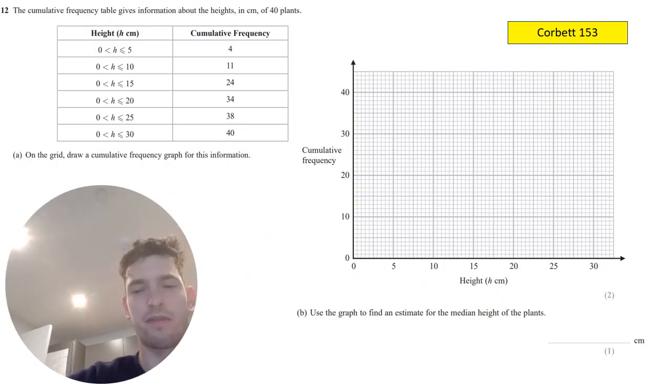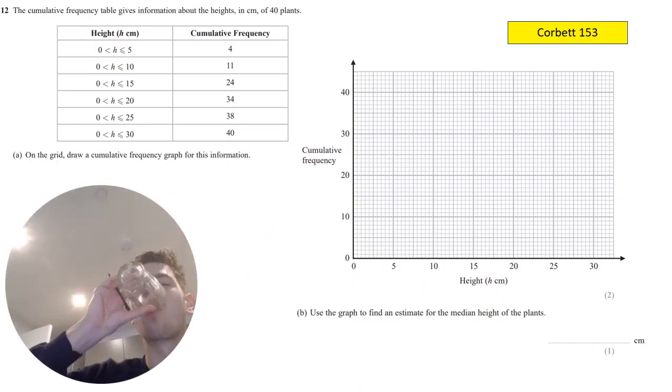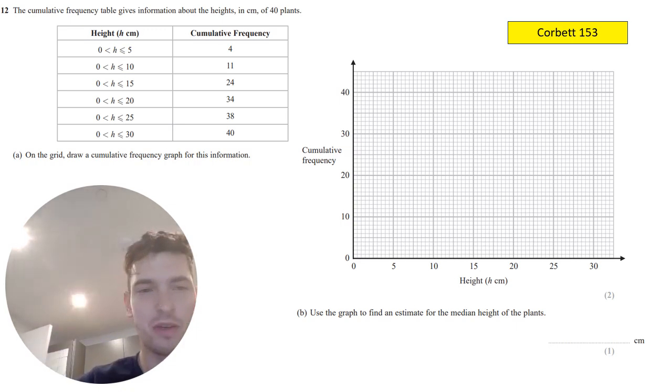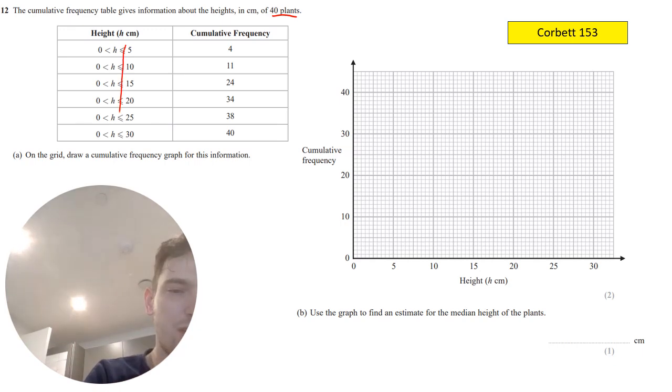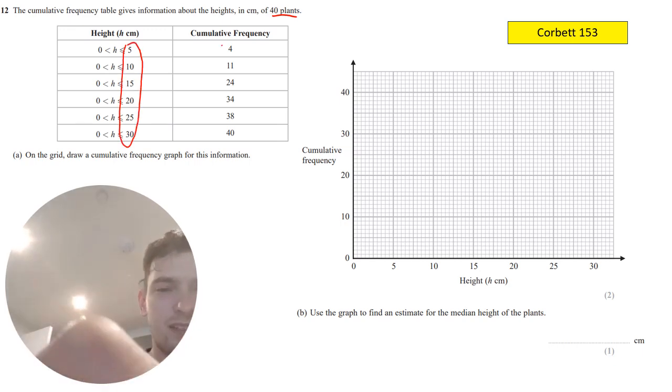Okay, question 12. Cumulative frequency question. The cumulative frequency table gives information about the heights of 40 plants. Most of the time with these questions, I have to work out the cumulative frequency, but it's given me the cumulative frequency straight away. So I can go ahead and plot these points.